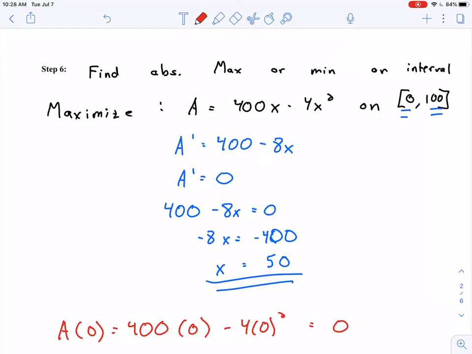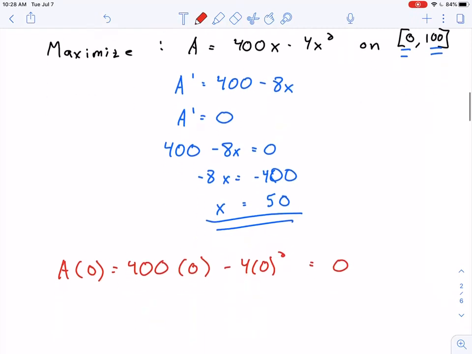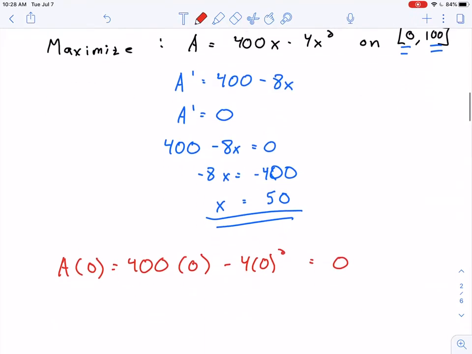Well, it's not a very good rectangle here. I might try plugging in 100 and say, well, area of 100, let's see, 400 times 100 minus 4 times 100 squared. We can calculate that, and we'll find our area will once again be 0.